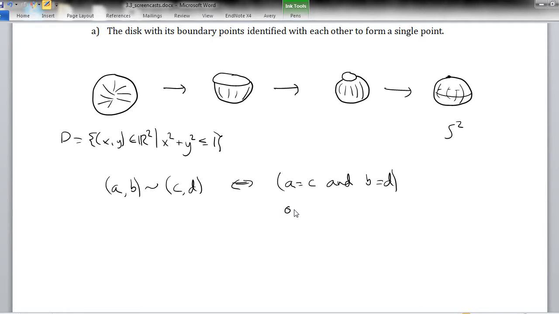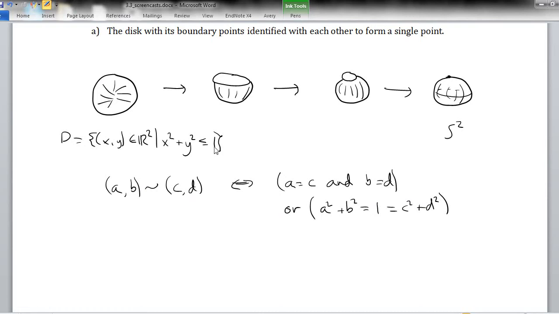But they're also going to be equivalent if they're both on the boundary circle. We could represent that by writing A squared plus B squared equals 1, so the first point is on the boundary circle, and also C squared plus D squared equals 1.